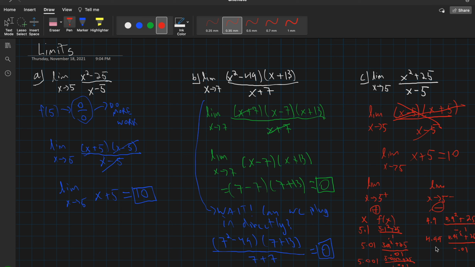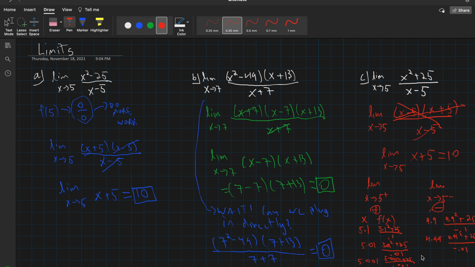And now our denominator is getting closer and closer to 0, but from the left side. So I encourage you all to try and work these values out in your calculator. And what you'll hopefully see is that when we approach from the left, it's actually growing uncapped in the negative direction.